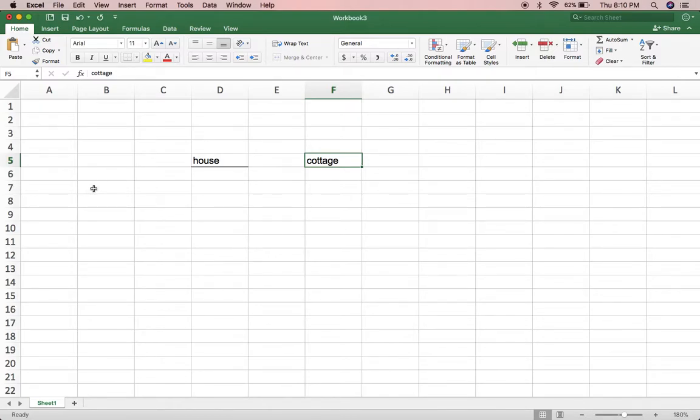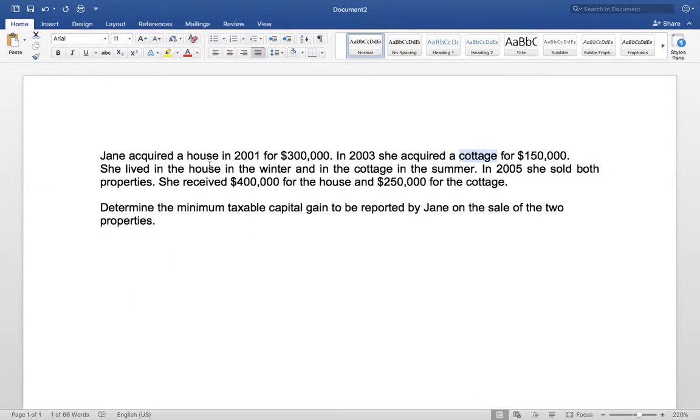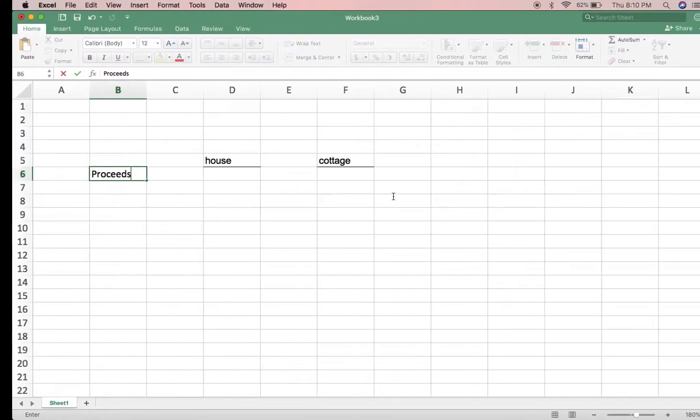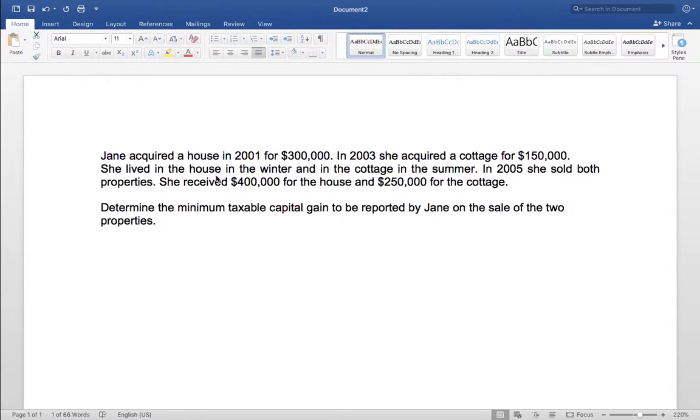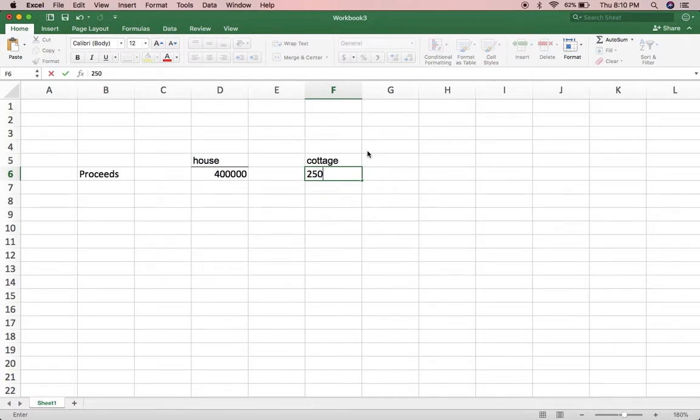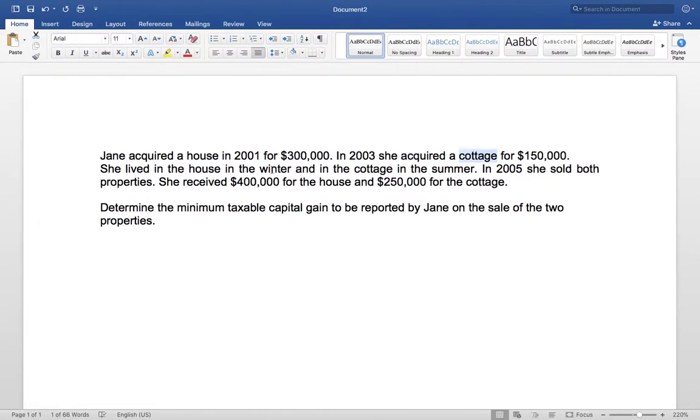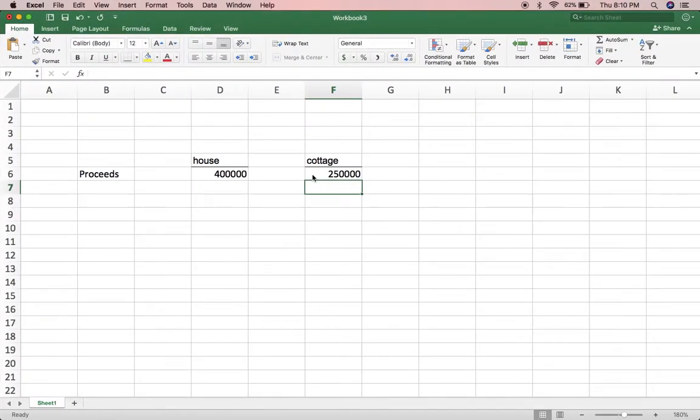Proceeds for the house were 400,000 and for the cottage 250,000. I got one extra zero. Her ACB was 300,000 for the house and 150,000 for the cottage.